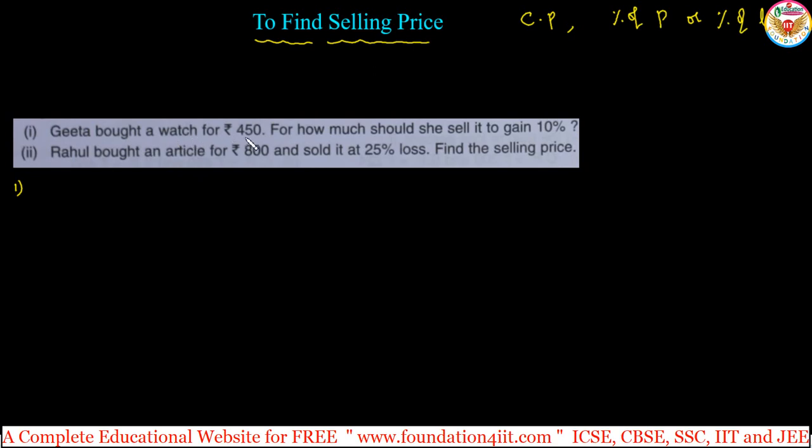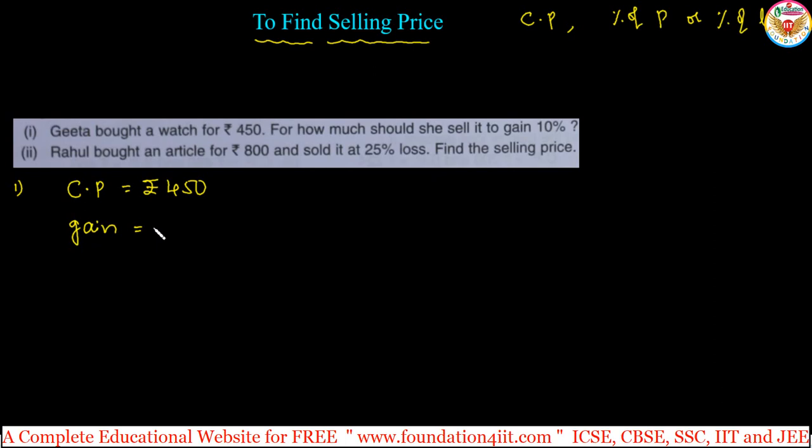Bought a watch for 450. That means the cost price is given. Cost price is rupees 450. How much should she sell to gain 10%? So gain is equal to 10% of the cost price. Gain depends on the cost price.